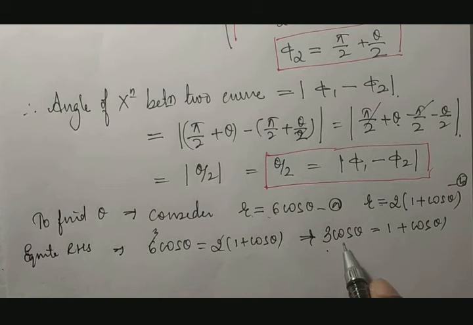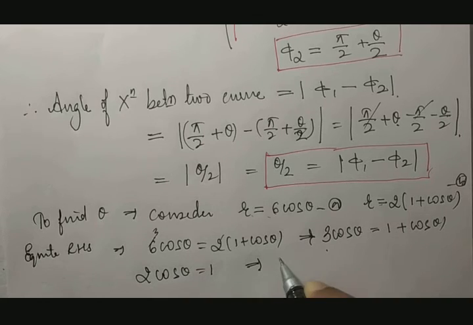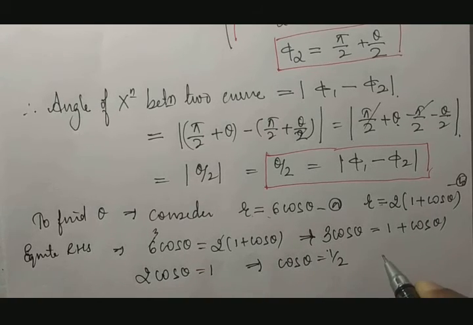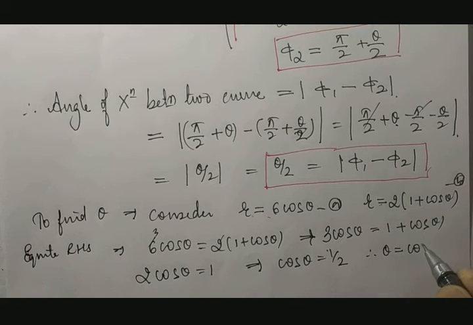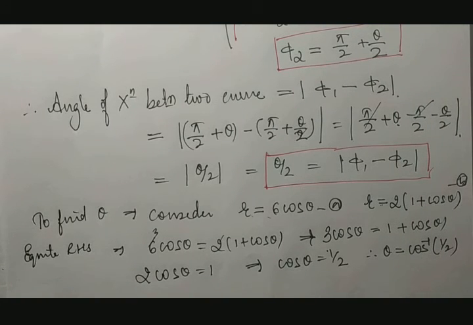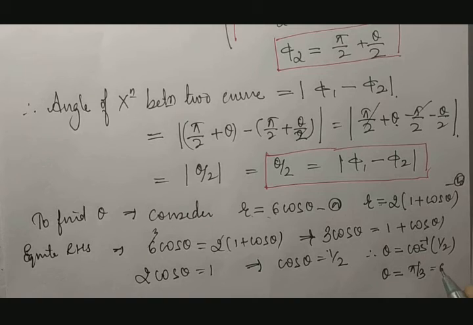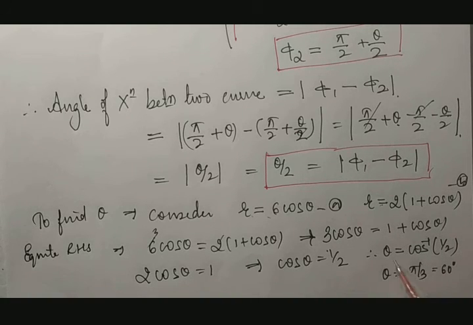If this cos theta comes to the other side, then 3 cos theta minus cos theta will be 2 times cos theta is equal to 1. Therefore, cos theta is equal to 1 by 2. Therefore, theta is equal to cos inverse of 1 by 2. What is cos inverse of 1 by 2? It is pi by 3, which is nothing but 60 degrees. So this is the value of theta.